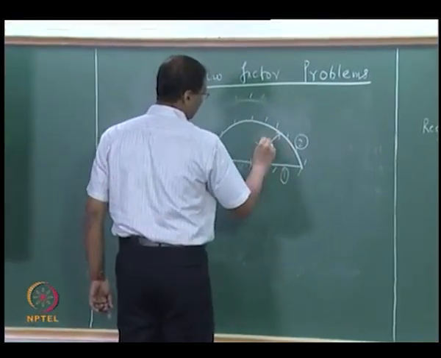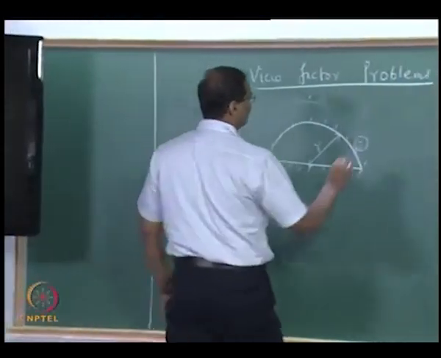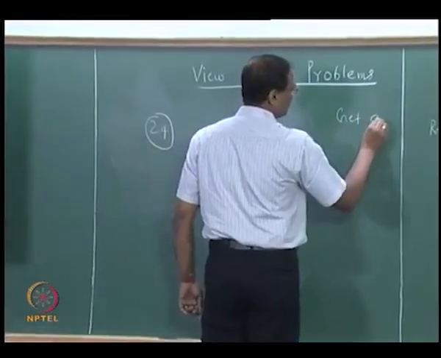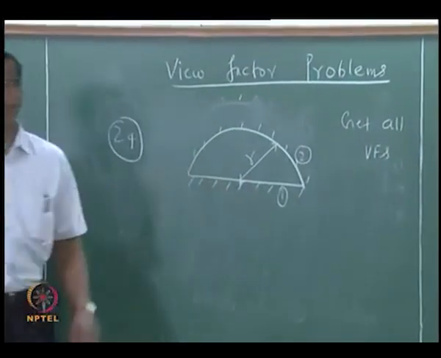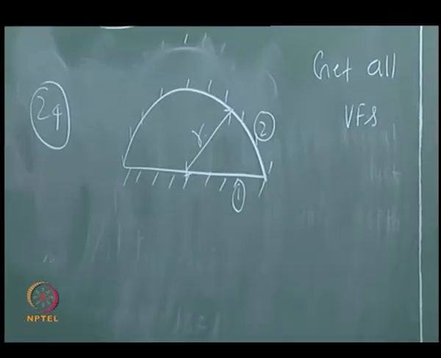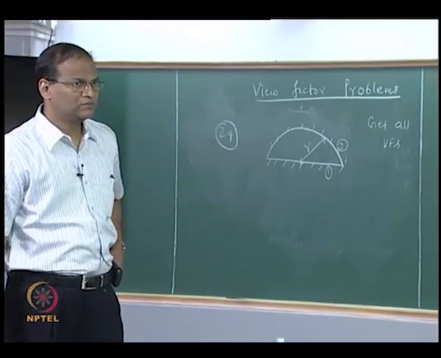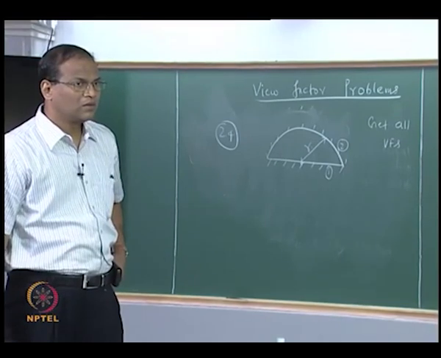We want to get all the view factors. If I get 1, I can use the sum rule and break it down. Symmetry.